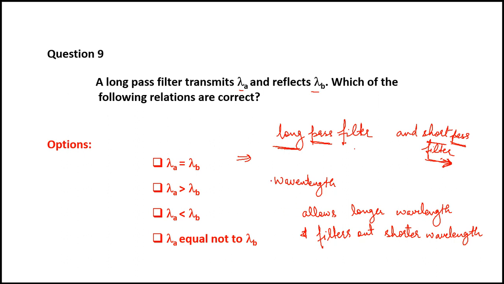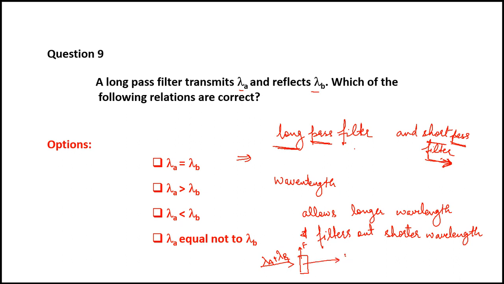Okay, so suppose they have asked that the long pass filter transmits. Suppose this is a filter F. Now it transmits, what does it mean? Suppose the input has lambda A plus lambda B. What does this filter do?